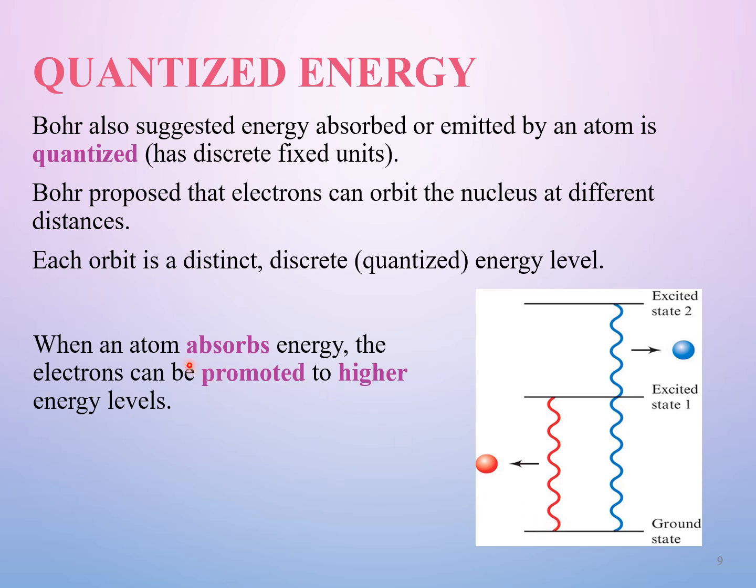When it takes a photon in, the electrons get bumped up to higher energy levels. If you start from the ground state right here and absorb a certain energy, you can go up here. Or if you absorb a lot of energy, you can go up to the next level.